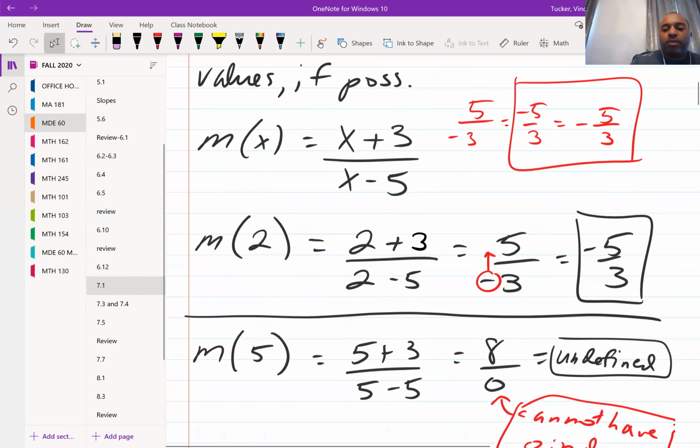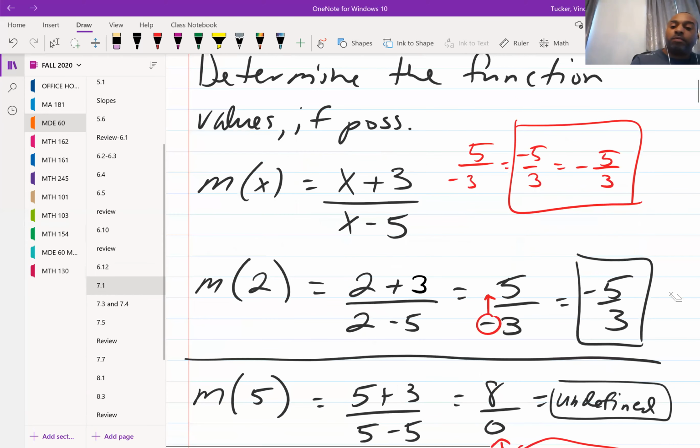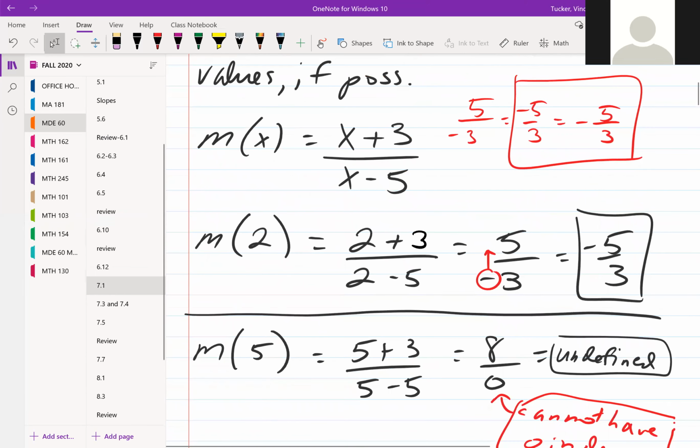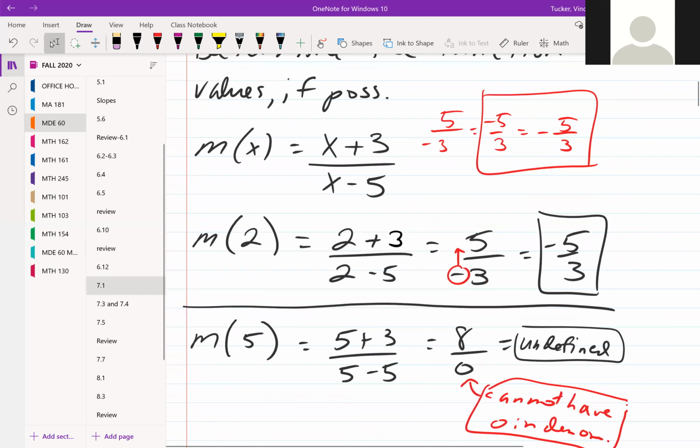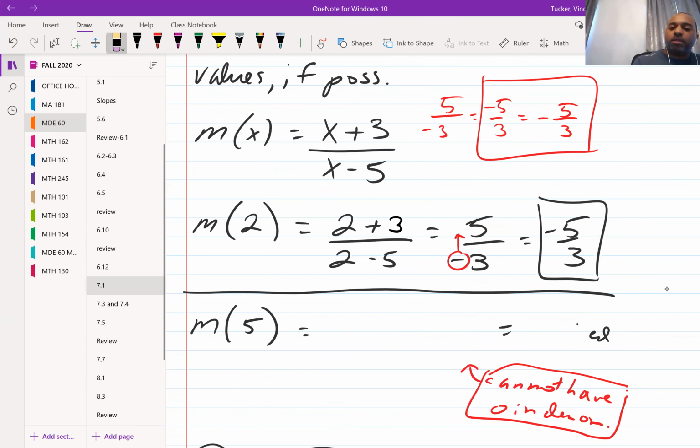All right, so let's do another one. Remember in the directions, it said determine the function value if possible. So in this next one, you would have just gotten m of 5.